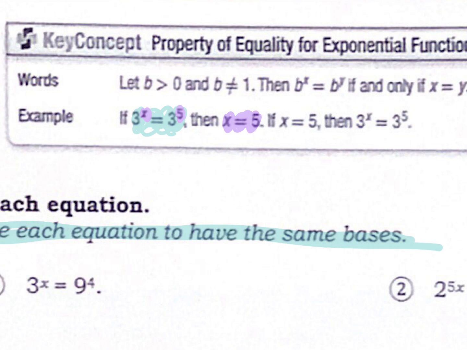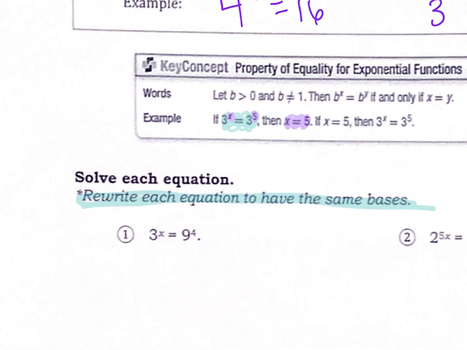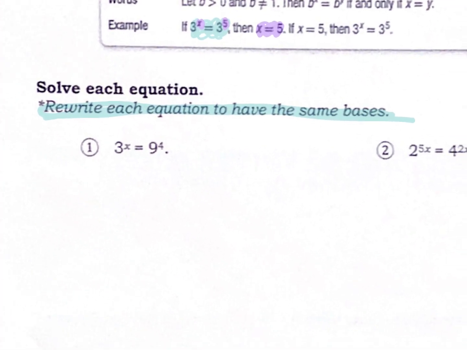The exponents have to be equal, right? If we have the same bases, and we have stuff that's equal to each other, then the exponents are what have to be equal to each other. So that's the idea of what we are looking at here, okay? We're going to use that idea. So to solve each of these equations, we're going to rewrite each equation so that both sides of the equation have the same base.